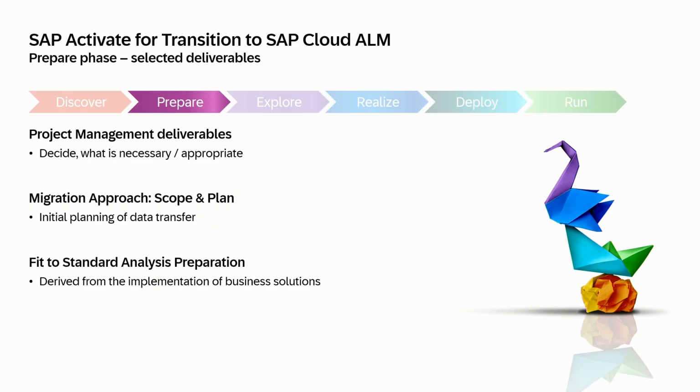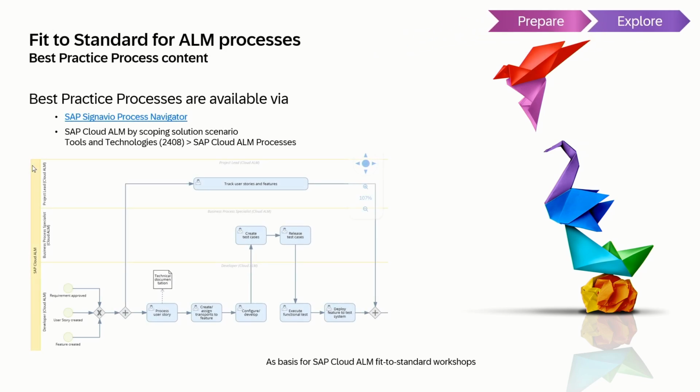And then we are talking about a fit-to-standard analysis preparation. That also means that we are talking about fit-to-standard, like you know it from the business suite of SAP, in SAP Cloud ALM. And for that, we need, of course, best practice processes, the standard processes.